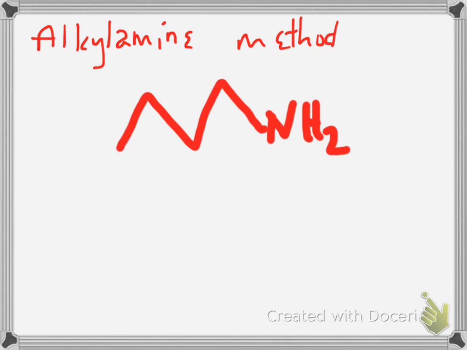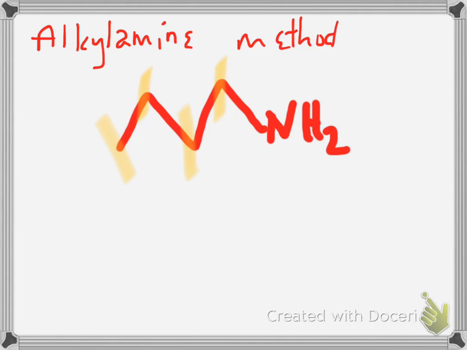Using the alkylamine method, you look at the total number of carbons, or the longest carbon chain that contains the amine. We have here 1, 2, 3, 4 carbons.